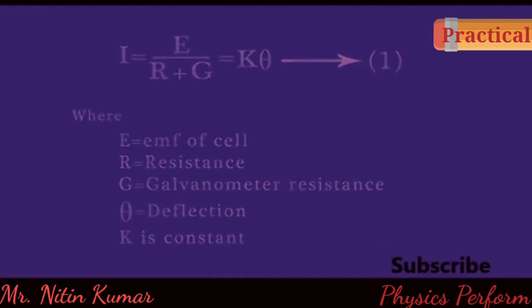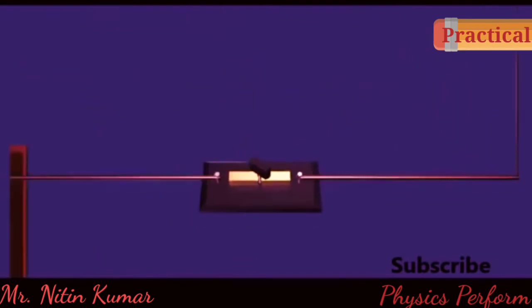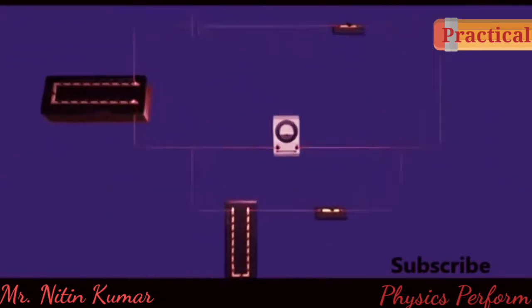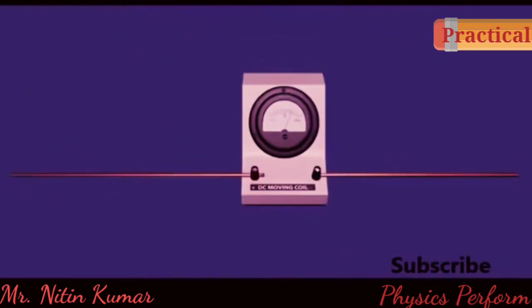Now, close the key K2 and adjust the shunt resistance S such that the deflection in the galvanometer is theta by 2, which is half of the previous deflection.